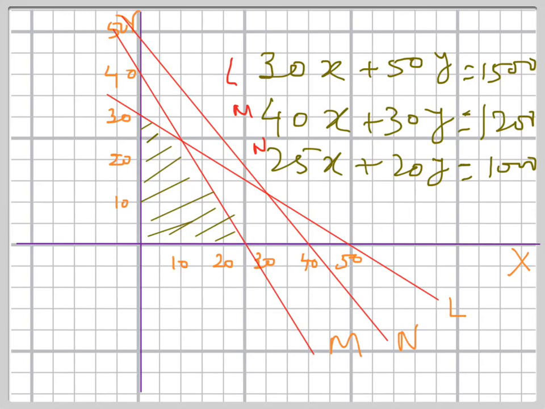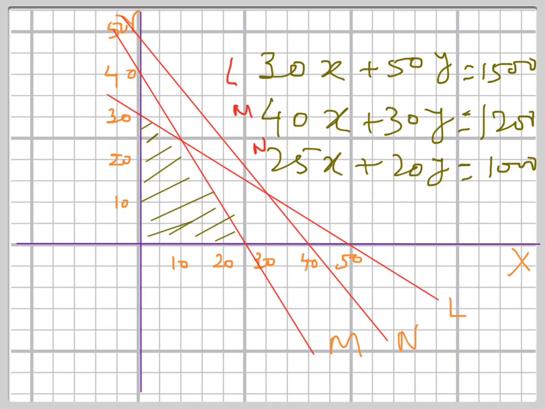If we take a point, say in this region, then this is above M line. It means that you will not have sufficient chemical M to produce. However, this point is lying below L and below N. It means that you have sufficient L and N to produce.